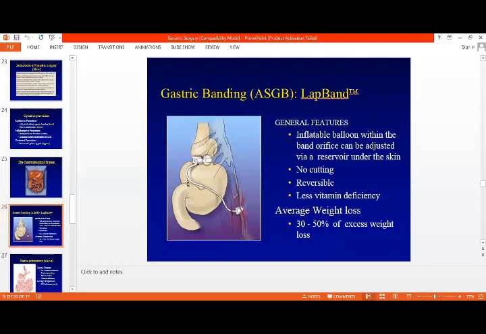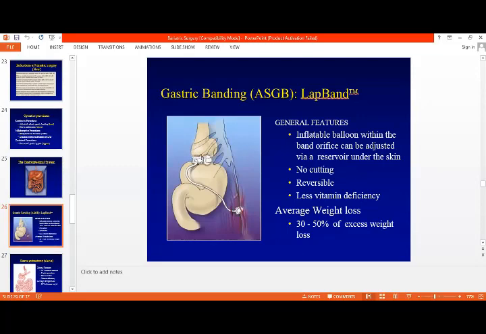If you see the picture, you can understand what is happening: just below the cardiac end of the stomach, where the esophagus opens into the stomach, we make a very small pouch of the stomach, and just about 1 ounce or half a cup of capacity of the stomach is left.